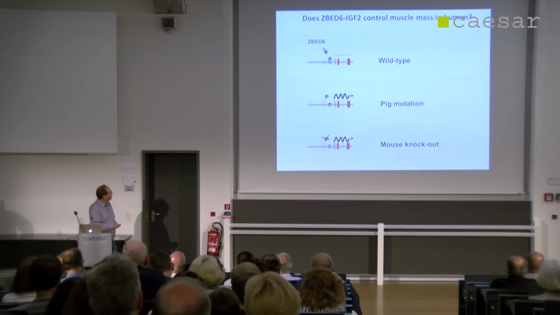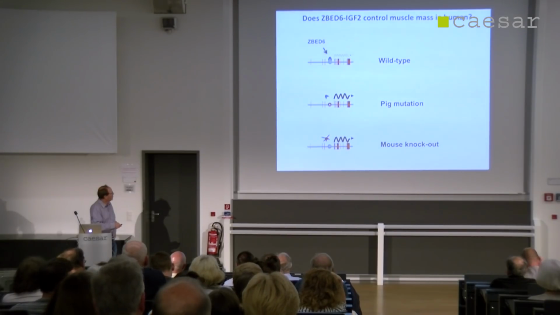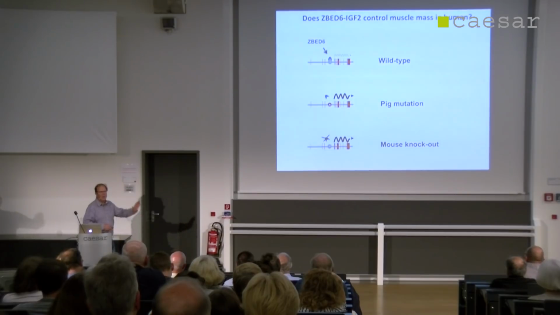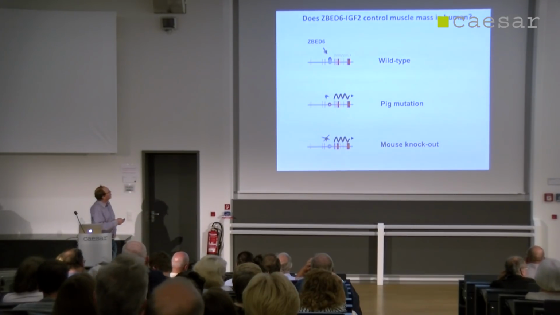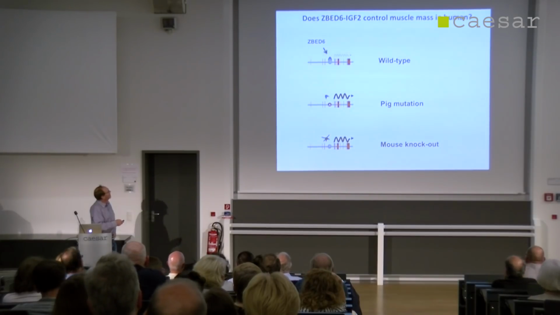If we knock out CBD6, this is the pig mutation, this is the knockout mouse, we get very similar effects. We upregulate IGF-2 expression and we get this effect. So I would argue it's very likely that this mechanism also controls muscle mass in humans. So when you train, we think this is one of the mechanisms that is regulating muscle growth.